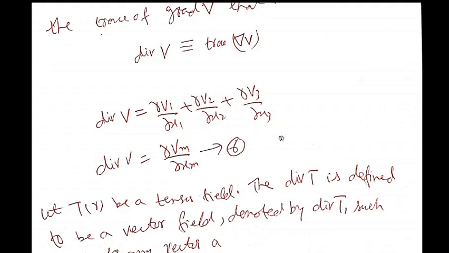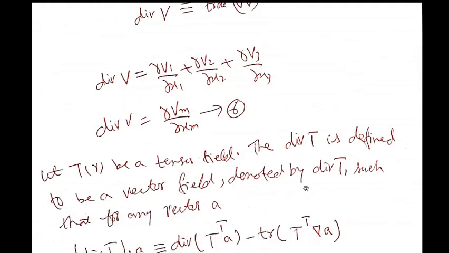The divergence of a vector is a scalar, zeroth order tensor, and the divergence of a second order tensor will give you a first order tensor, that will be a vector. So we will have to find its components. Because it is a vector, we will find its components. How will we find these components? Let's see.